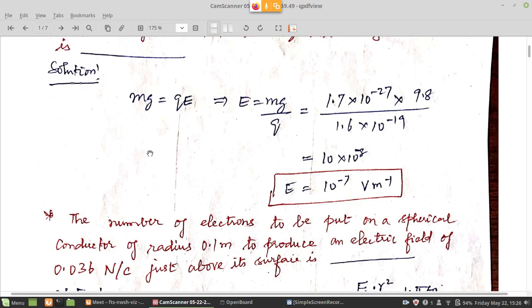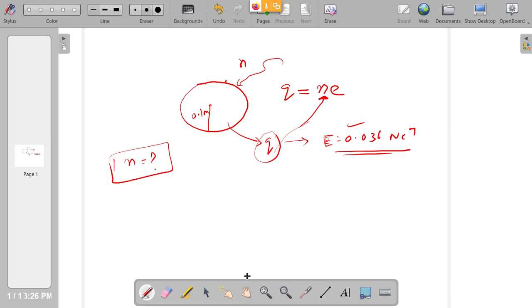Electric field is given, you have to calculate the total charge for such an electric field, how much should be the charge on the sphere. Once you get the total charge, you know how many electrons make up that much charge. So first you will get Q, then from there you will get N, because N is Q by e. So please work it out and tell me. First you get the Q, then from there you will get N. N is nothing but total charge divided by the charge of the electron.